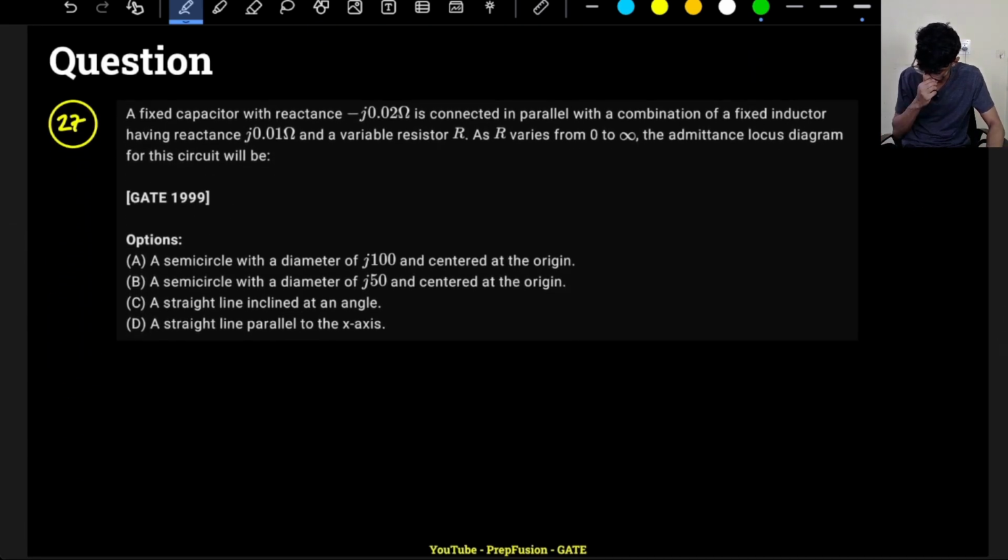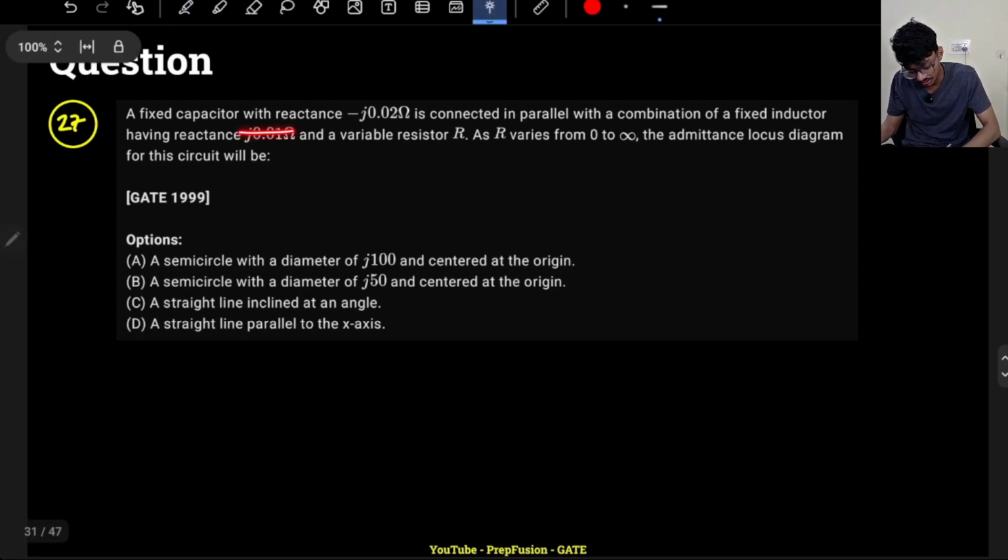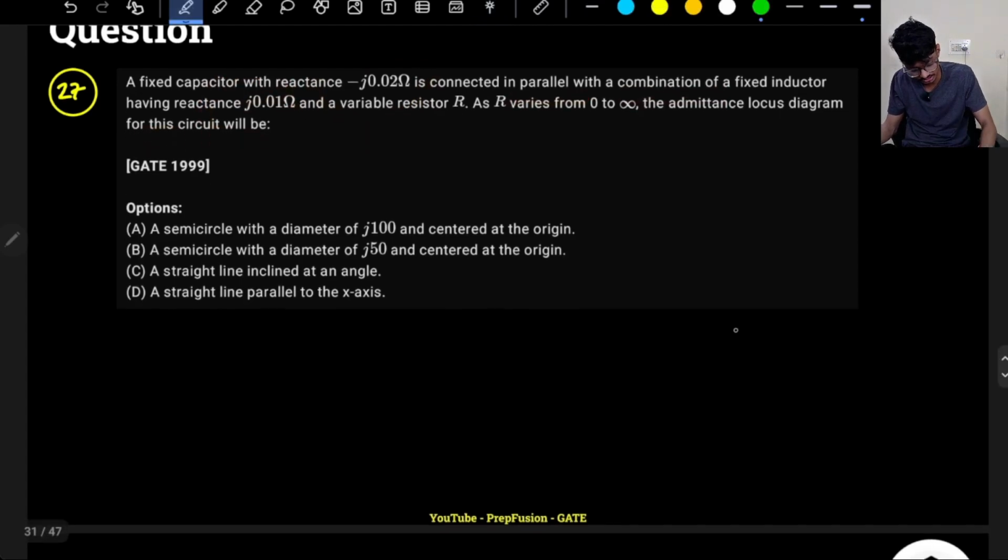In this question, a fixed capacitor with reactance of minus j 0.02 is connected in parallel with a combination of a fixed inductor and a variable resistor. So I have a capacitance of 0.02 ohms, and I have an inductance and a resistance. Resistance is varying, inductance is fixed at j 0.01 ohms.